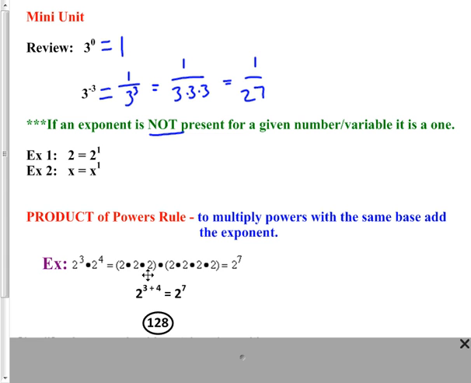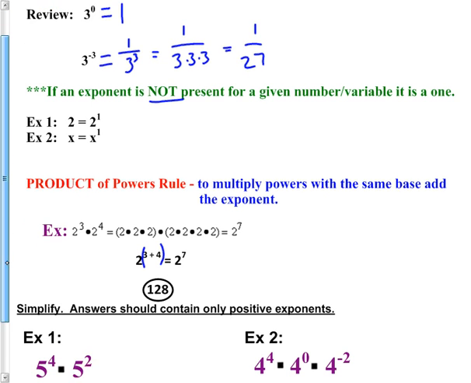So instead of writing it all out and then getting it back into an exponent, we can simply add the exponents, so 2 to the (3 plus 4). And typically we'll see parentheses around the exponent, just so we don't confuse it. That also equals 2 to the 7th power, and when you evaluate, we get 128.